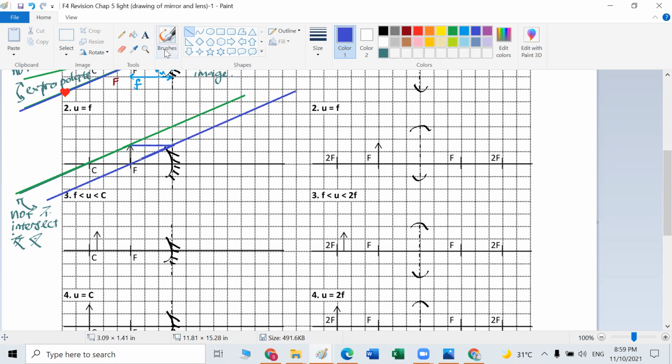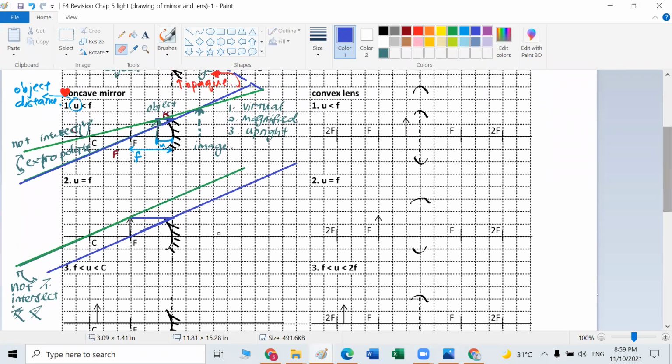Yeah, correct. Okay, very good. You still remember. The light ray after the mirror should be dotted, but if you forgot, also doesn't matter.